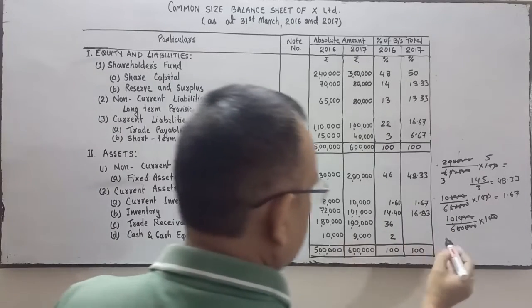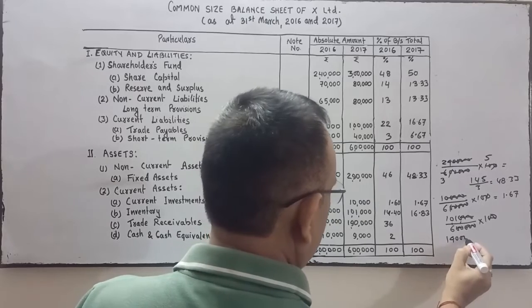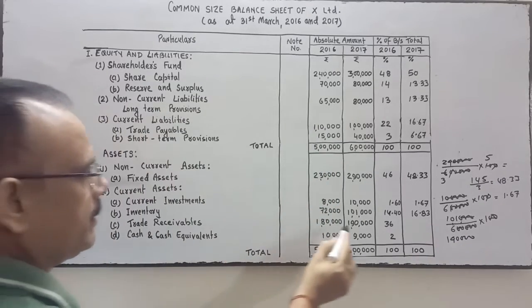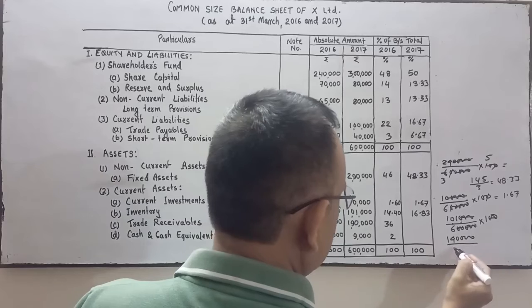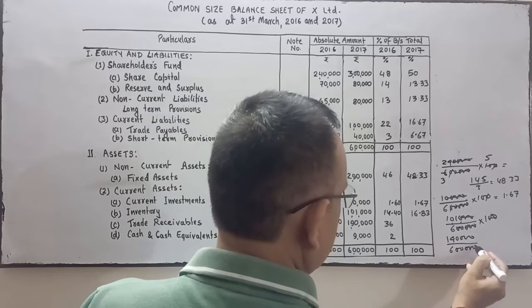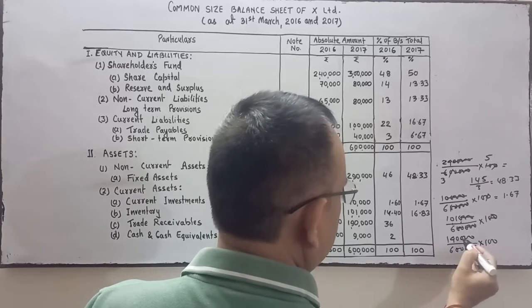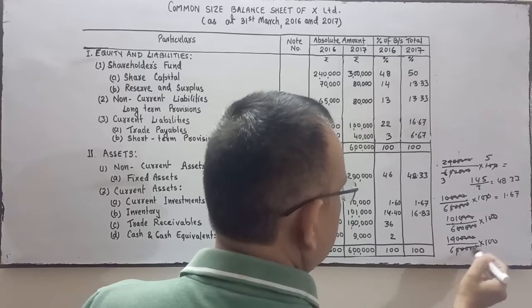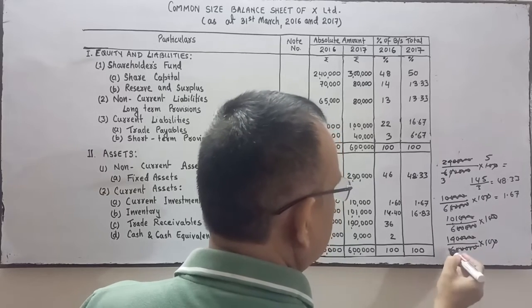Now coming to 1,90,000. 1,90,000 is your trade receivable, and total assets is 6 lakhs into 100.